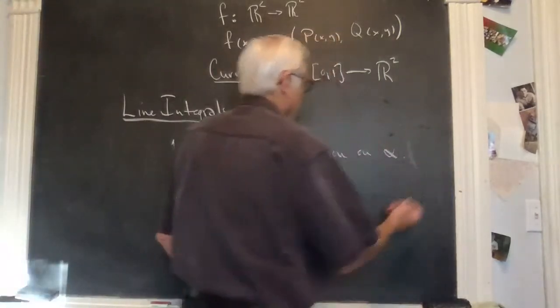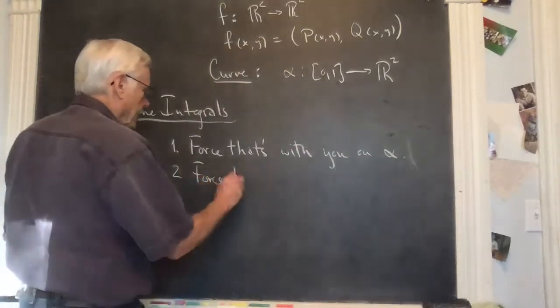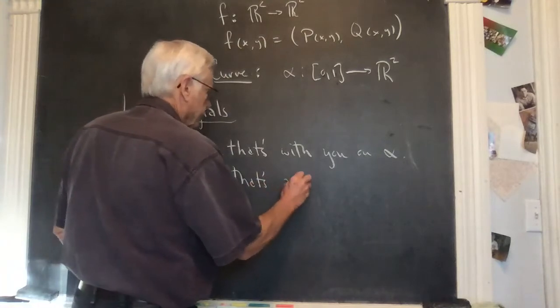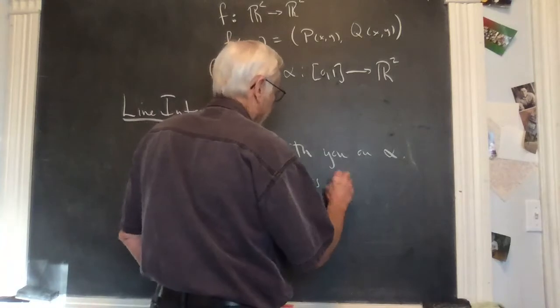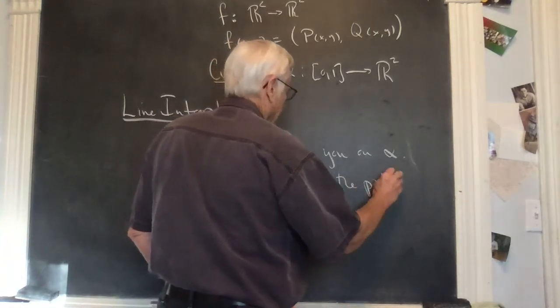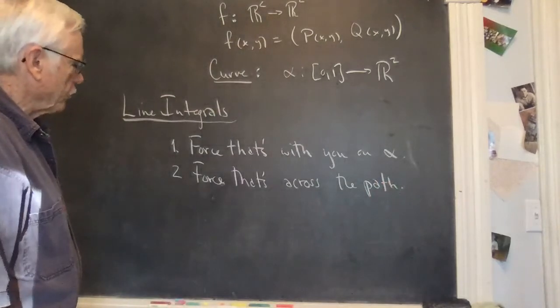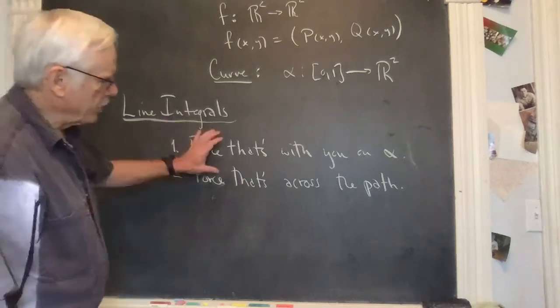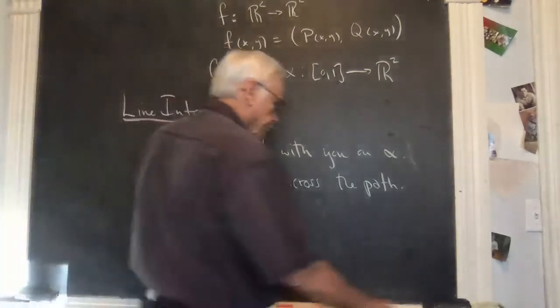And this will be an integral. And we want the force that's across the path. So force that's with you, force that's across the path, and we're going to integrate both of these.